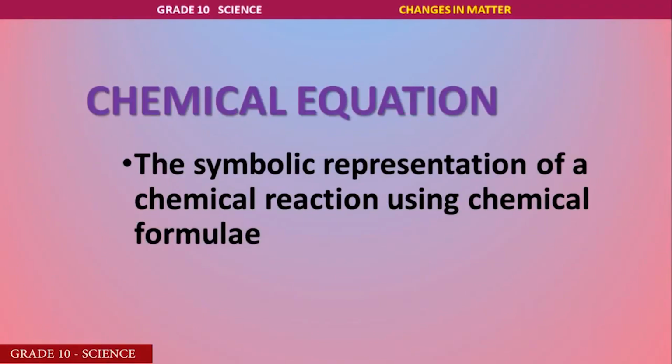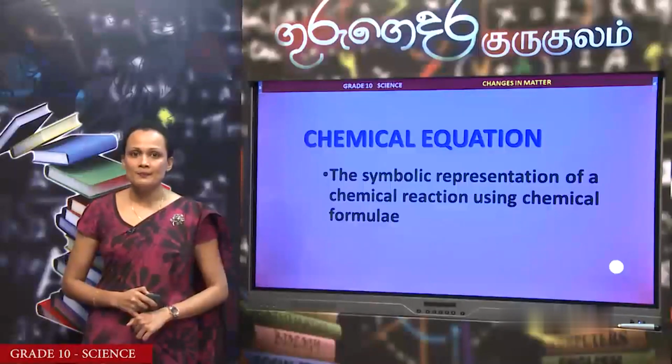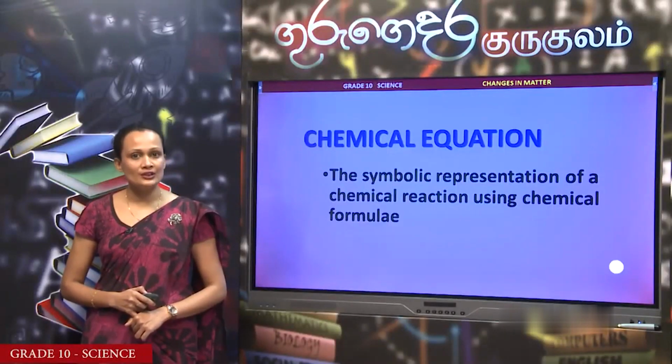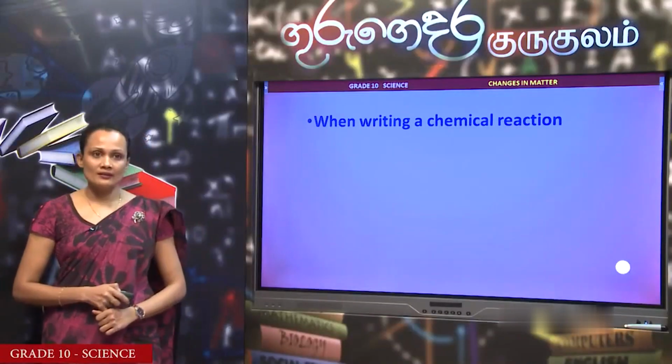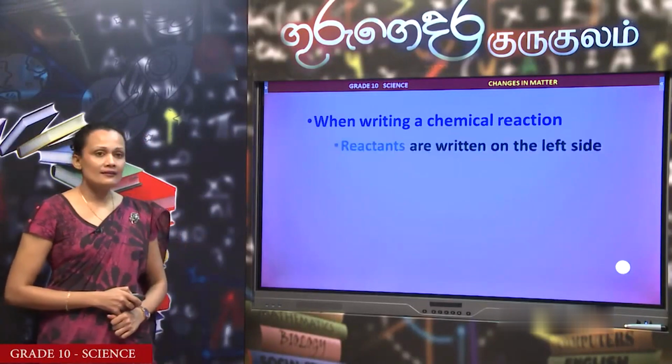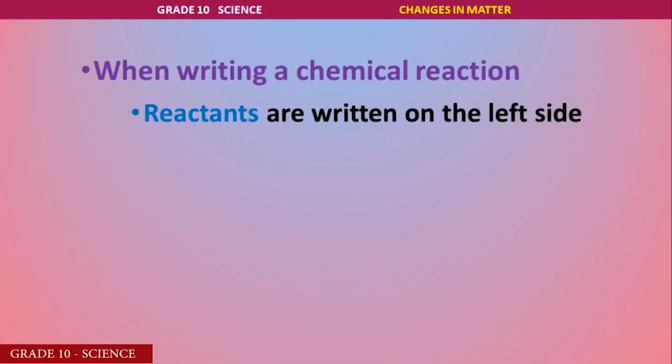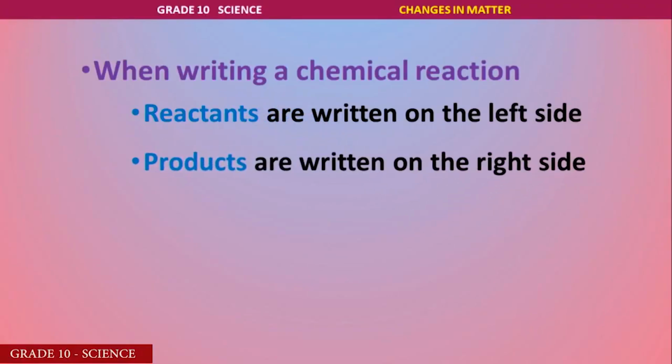Now you have an idea about representing the chemical changes. Now I am going to explain how we write the word equation or the chemical equation. For that, you need to know something relevant. When writing a chemical reaction, the reactants are written on the left side and the products are written on the right side.